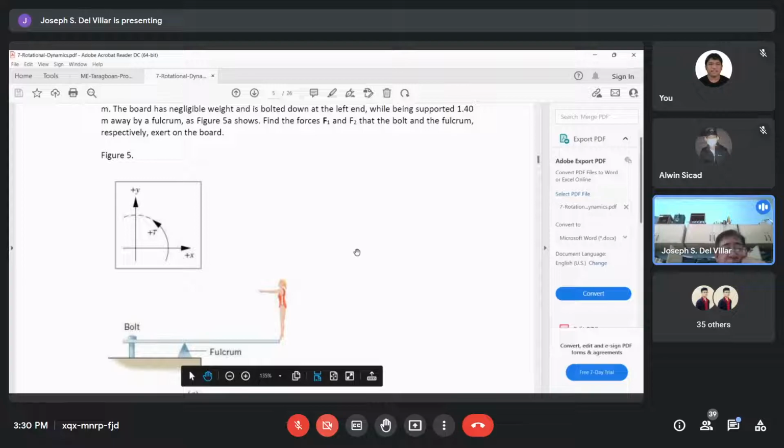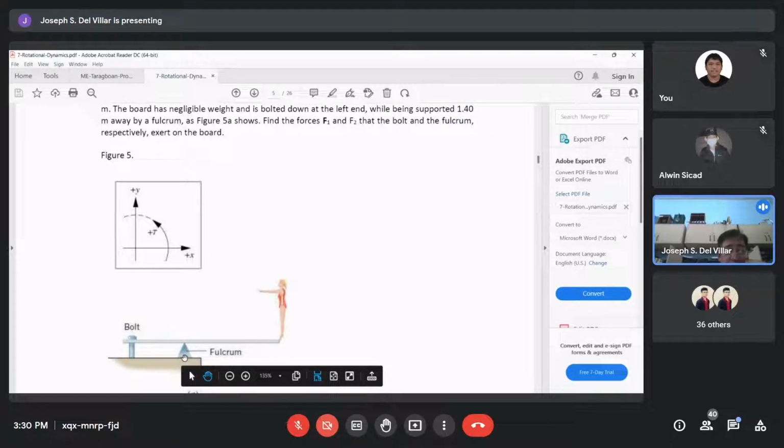Okay, the problem is we need to find the forces F1 and F2 that the bolt and the fulcrum respectively exert on the board. So ano yung force ng bolt and fulcrum? F1 refers to the bolt and F2 refers to the fulcrum. Yung fulcrum, ano yung force ng fulcrum? It should be an upward force. 'Di ba?